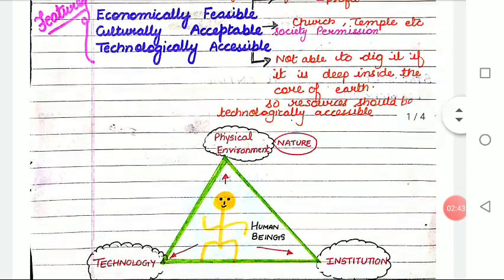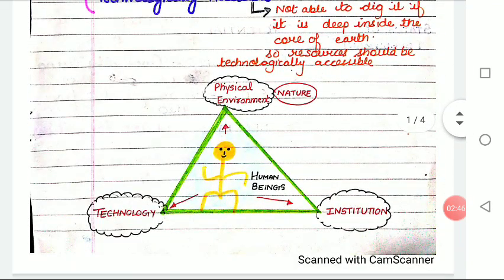Now, see the diagram. It is showing the interdependent relationship between nature, technology, institution and human beings. Human beings are an essential component of resources. They transform material available in our environment into resources and use them. For example, we are getting cotton as a raw material from plants.